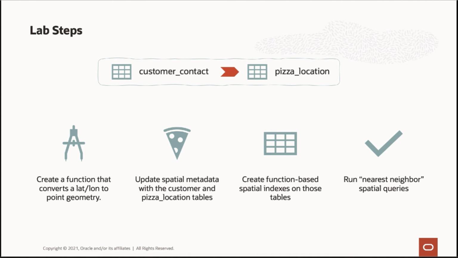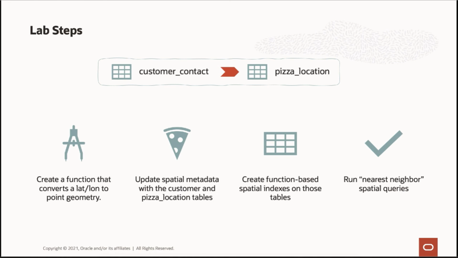You will then create some standard spatial metadata for each of those tables, metadata that's required of tables that have spatial data and is used for spatial operations in the database. You will then create a function-based spatial index on both of those tables, which I mentioned previously is a powerful database feature that Spatial is able to take advantage of.